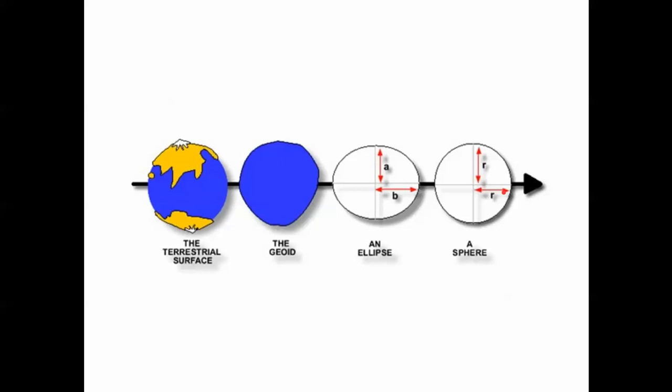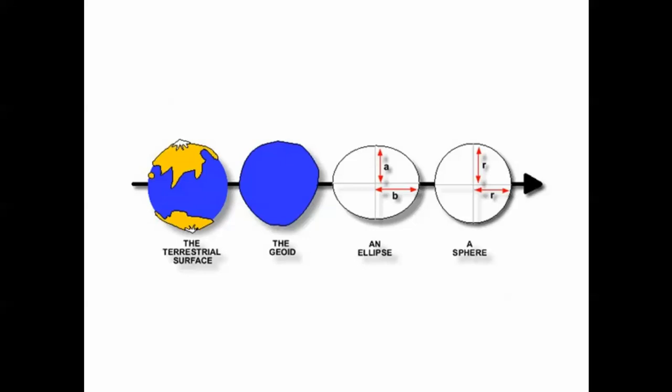Now, why does it matter? Here's the important point. If we use a sphere model, each degree of latitude describes an equivalent, or equal, surface distance or arc distance in units of length.